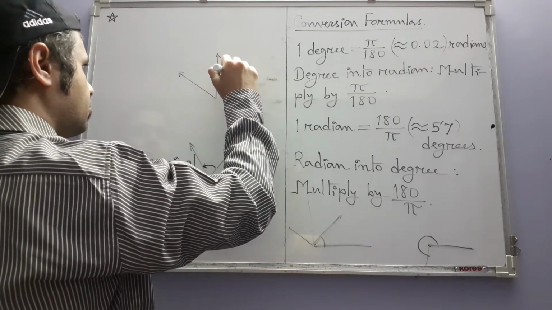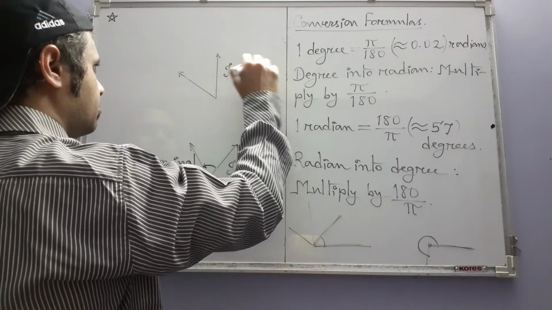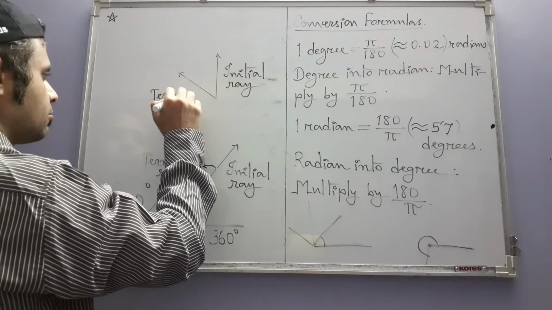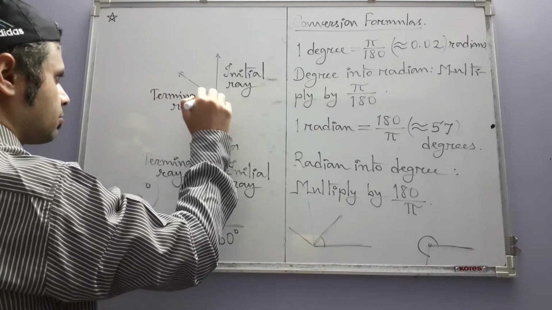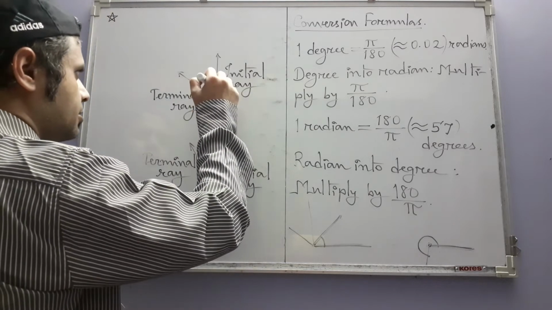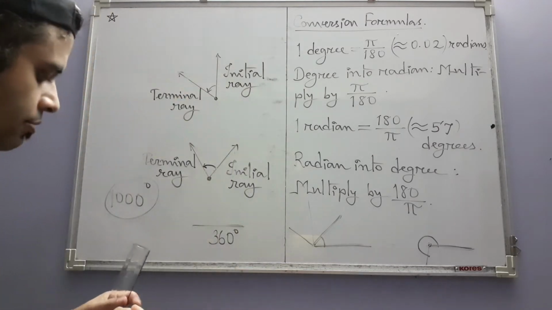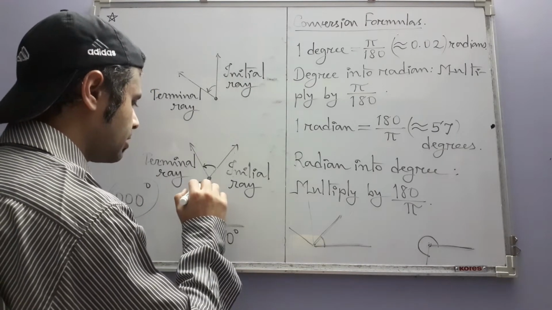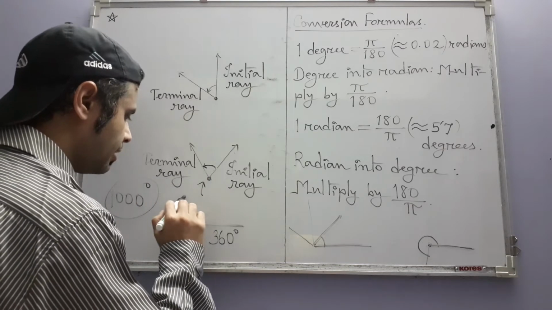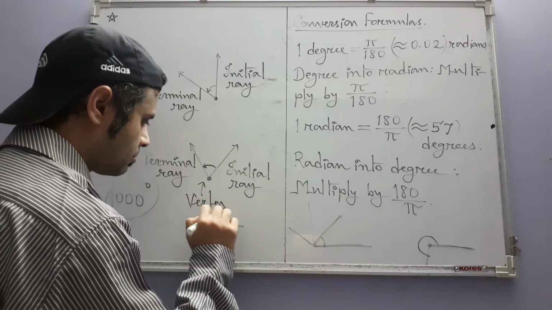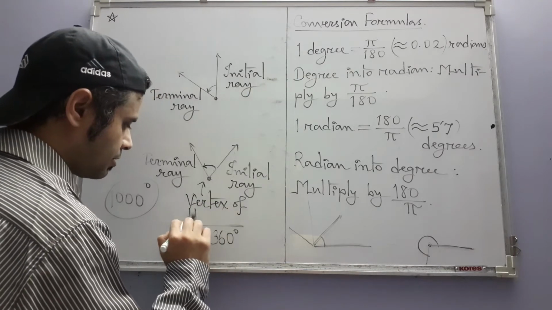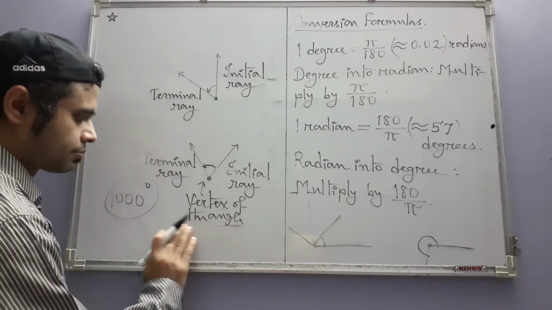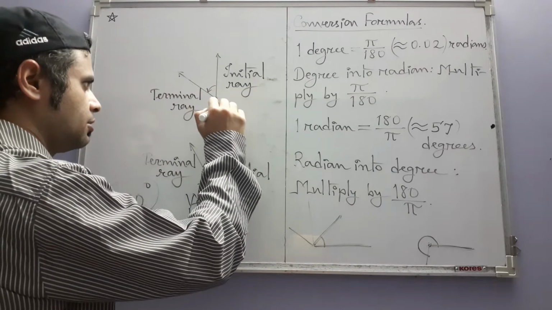Say this is your initial ray, this is your terminal ray, and this is your sense of rotation in the counterclockwise direction from our perspective. And there is one more thing I forgot to say. This corner has a name. It's known as the vertex of the angle. This one is the vertex.